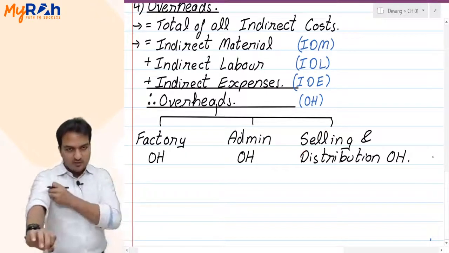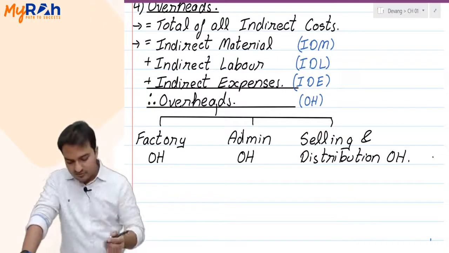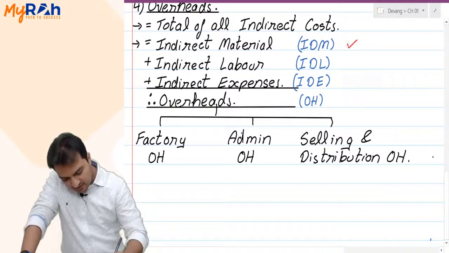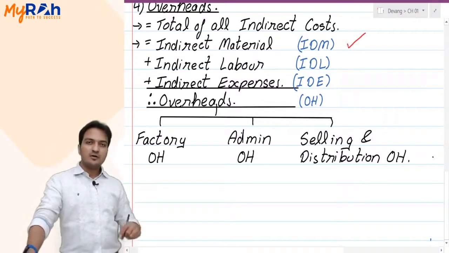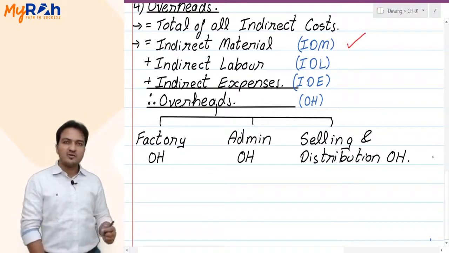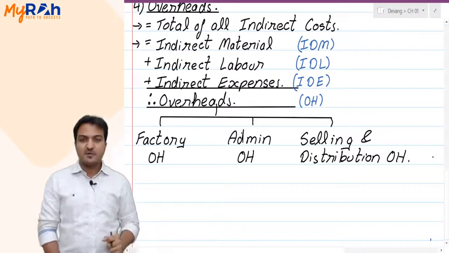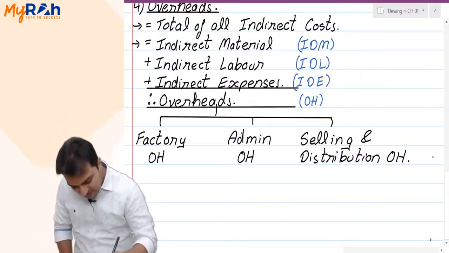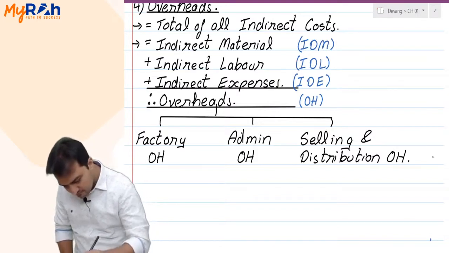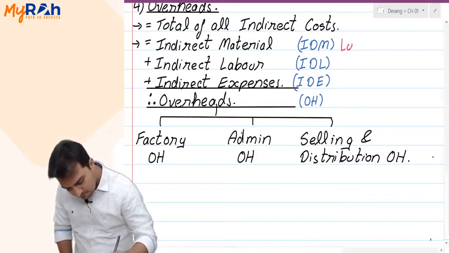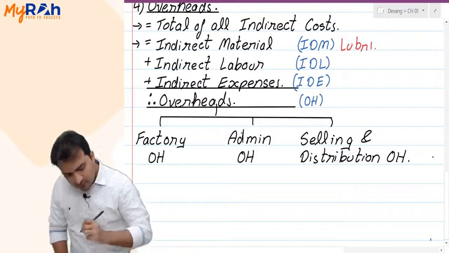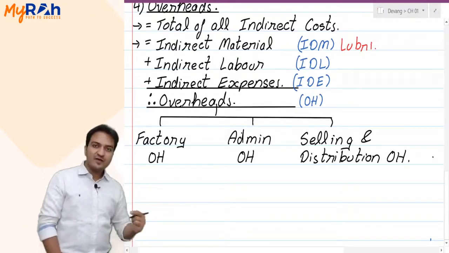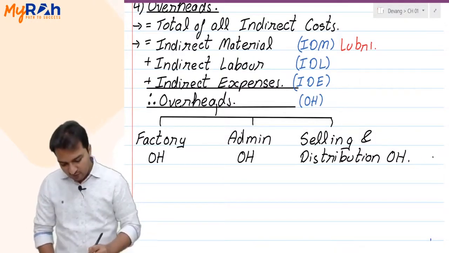Example. Now I'll give you an example for each of the indirect items. Like indirect material. Earlier I gave you the example of indirect material as lubricants. You tell me, if lubricants is an example of indirect material, then where would that lubricants fall?